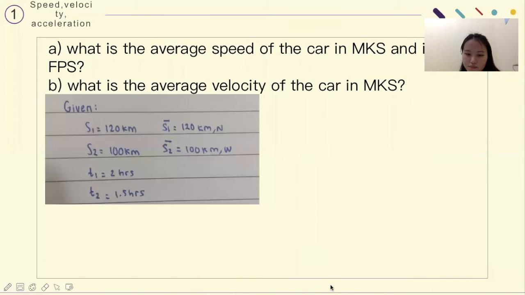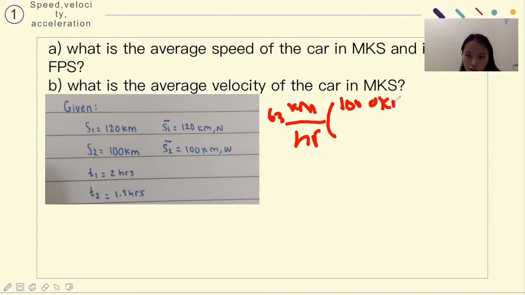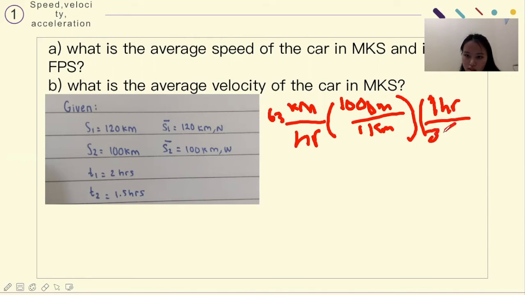First, multiply 63 km per hour by 1,000 meters over 1 kilometer, and then multiply again by 1 hour over 3,600 seconds.